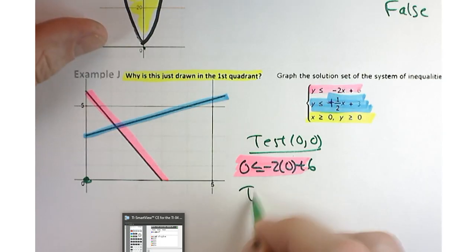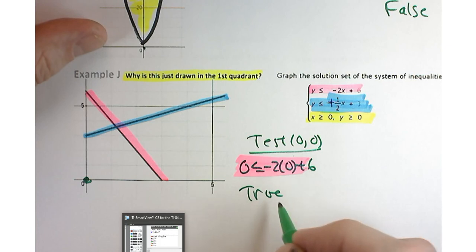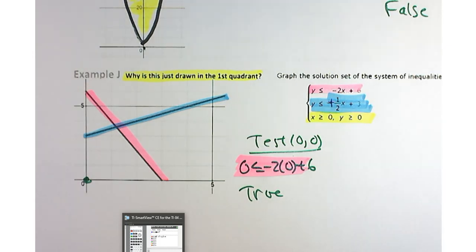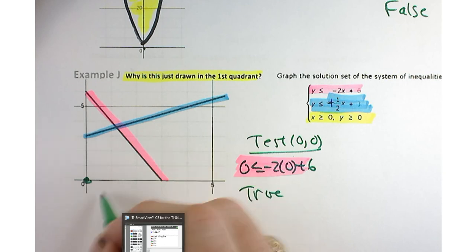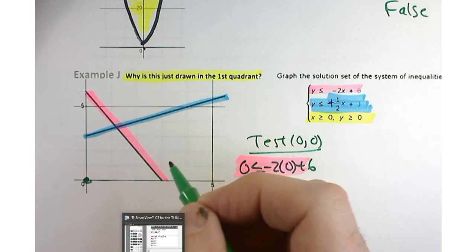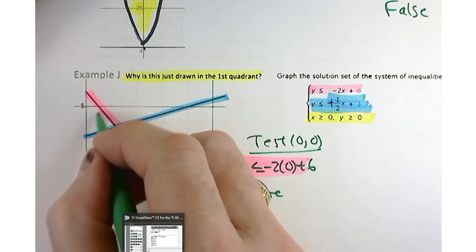That's true. 0 is less than 6. Where does that mean I'm going to shade? Down to the left or above to the right? Here and here.